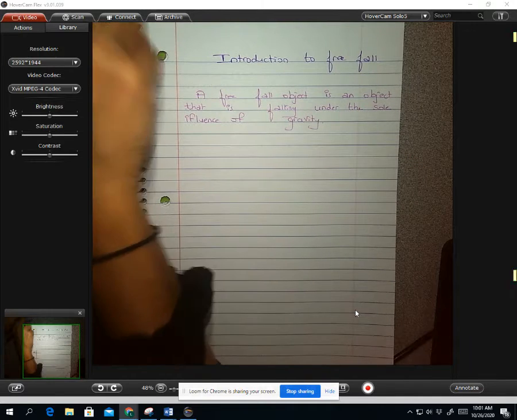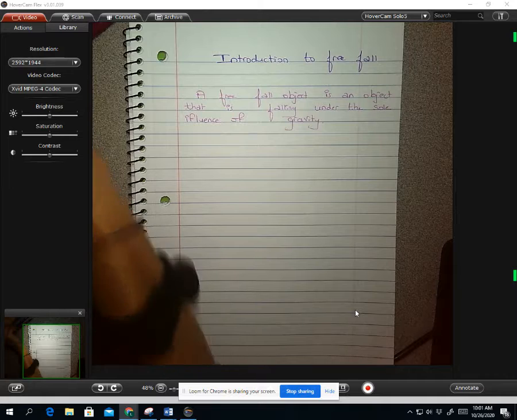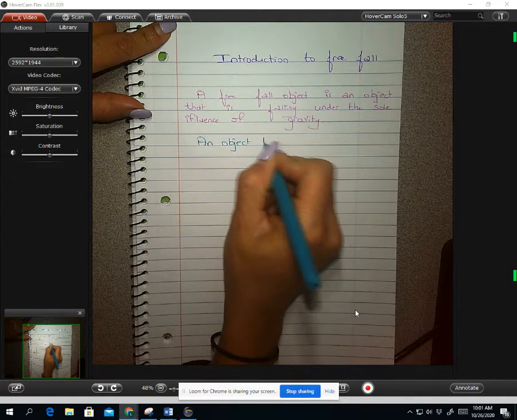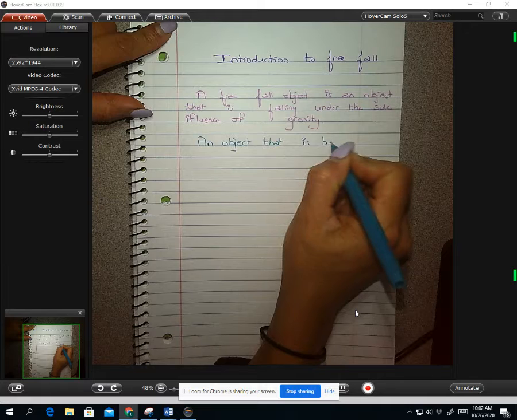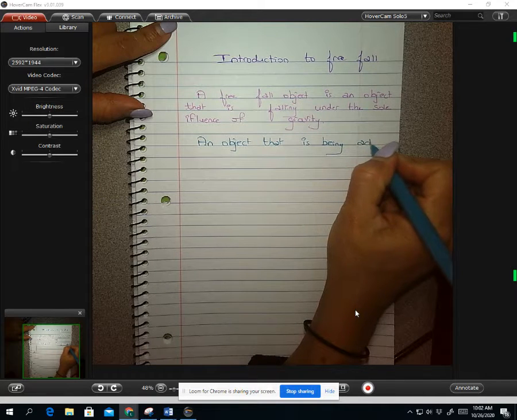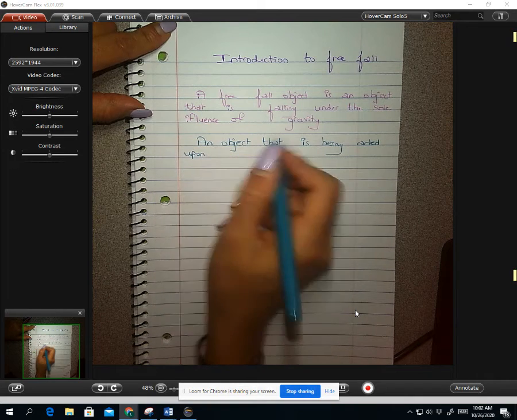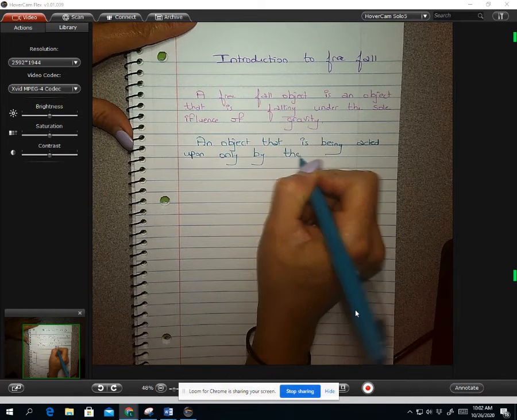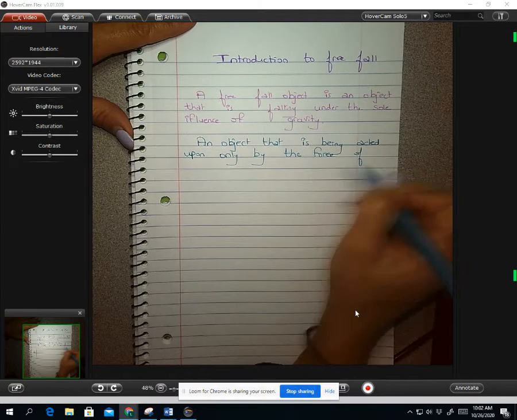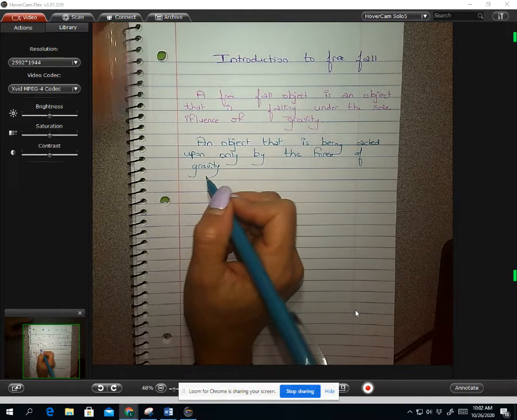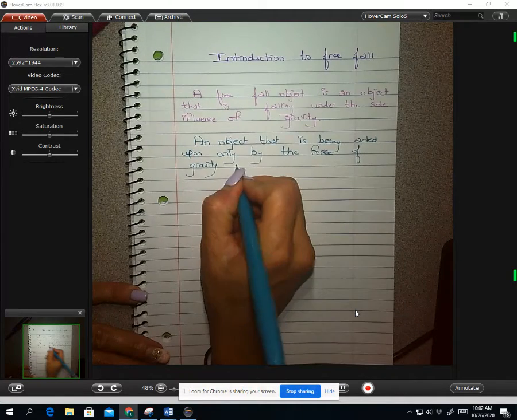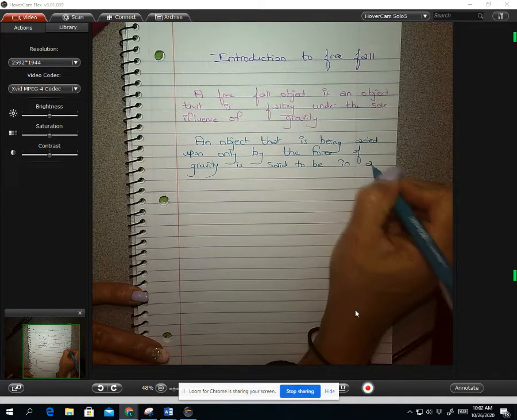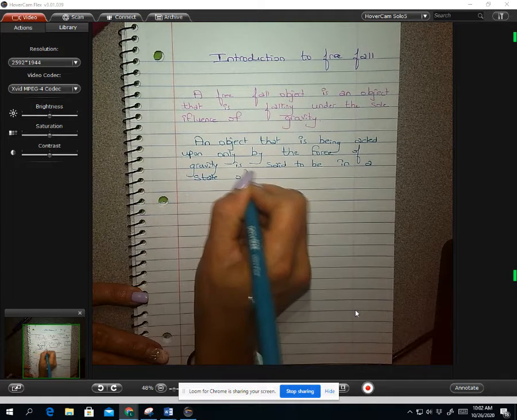So an object that is being acted upon only by the force of gravity. If it's only by the force of gravity, that means there are no other forces acting on that object. It is said to be in a state of free fall.